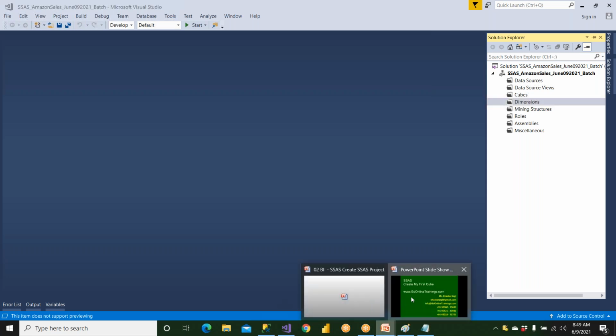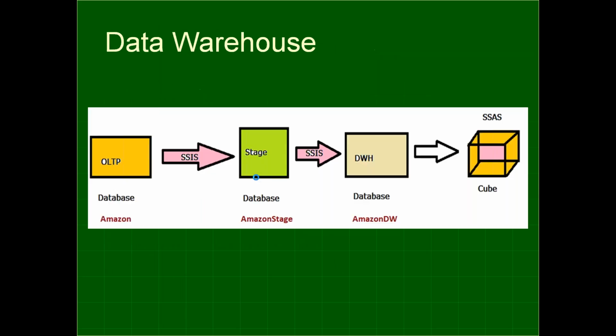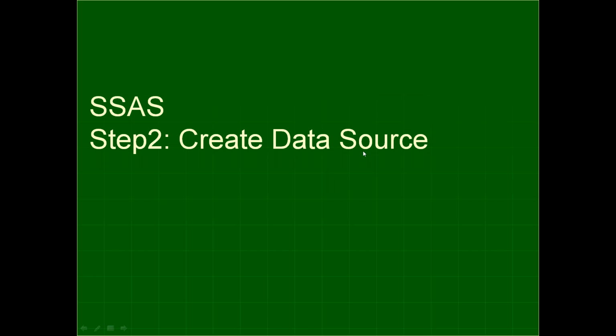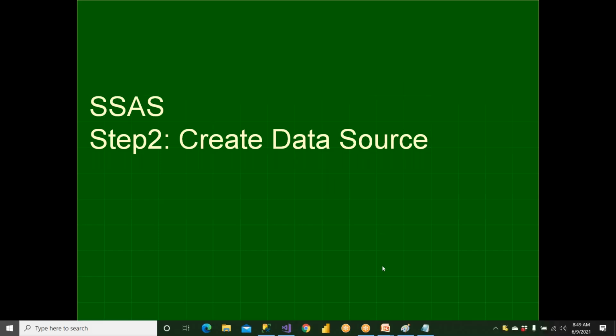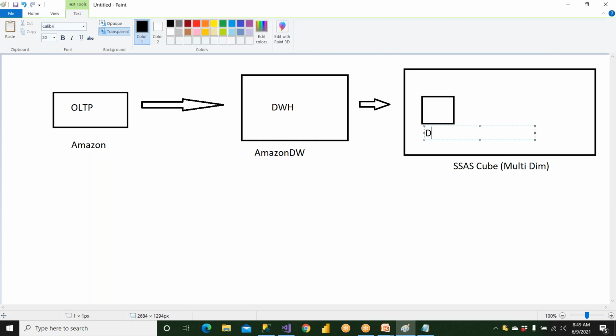Now once the project is created, what is the next step we need to do? Create SSAS with multi-dimensional project done. What is the next step? Create a data source. What is the data source? Data source is this database, right? So where is this available? That you need to connect. So this is my project created. Now step number one, I am going to be creating a data source.